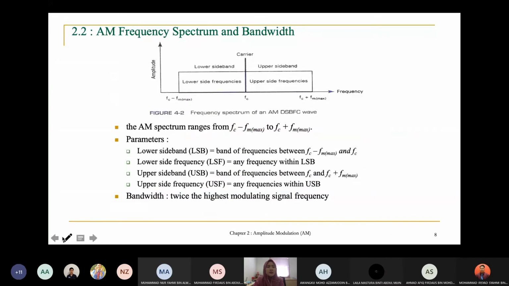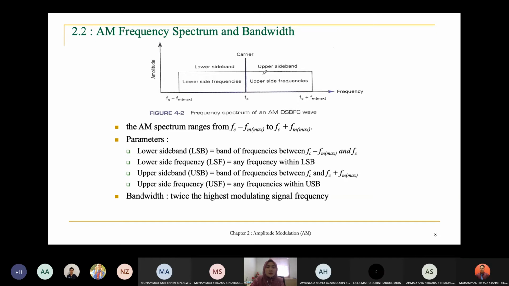Next, this slide explains the parameters stated in this figure. I already explained: the lower side band is a band of frequency between Fc minus Fm max until Fc. A lower side frequency is any frequency within the lower side band.